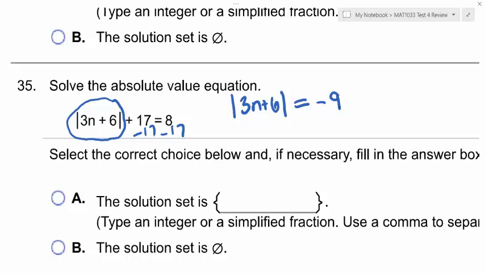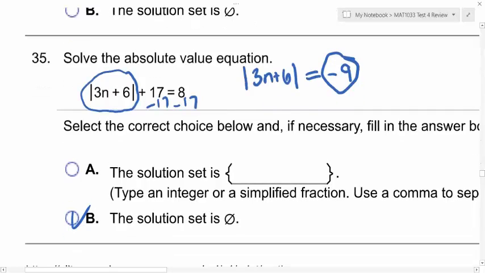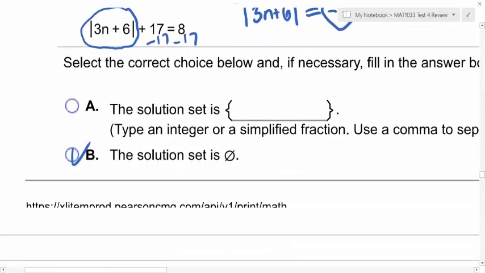No, it's always going to equal positive. So anytime the original equation with the absolute value still there equals a negative, you know that does not work. So your answer is actually no solution, or the empty set symbol that they have there.